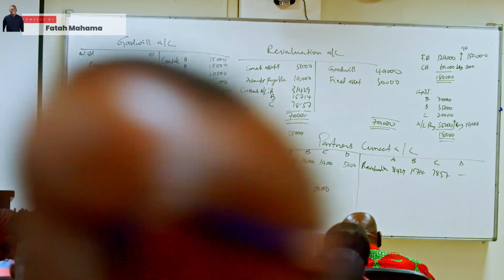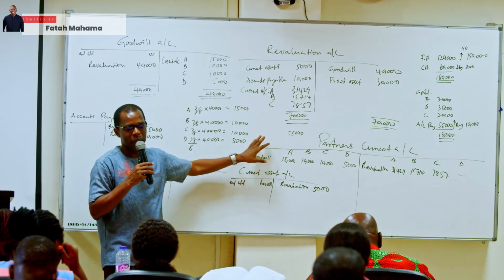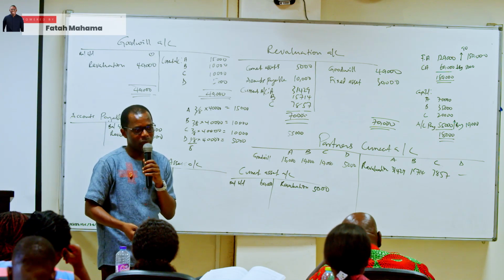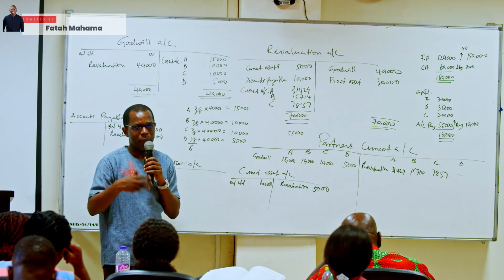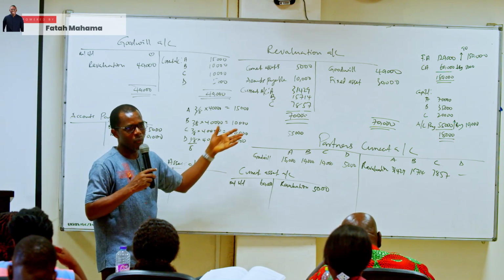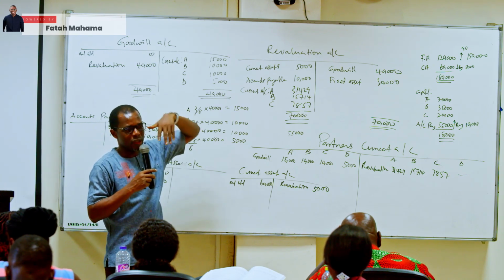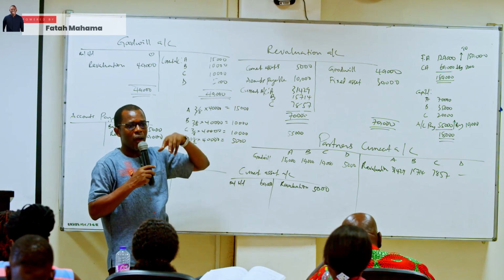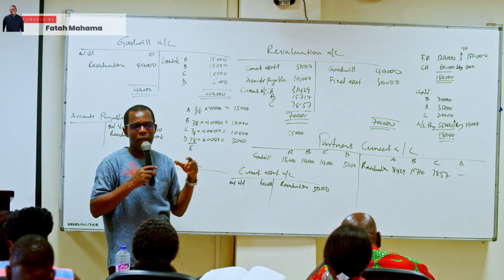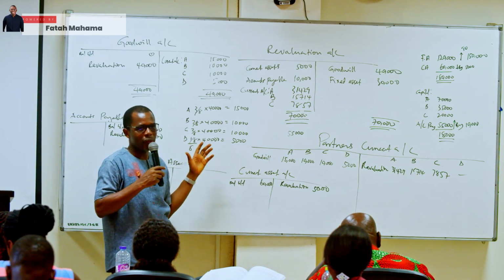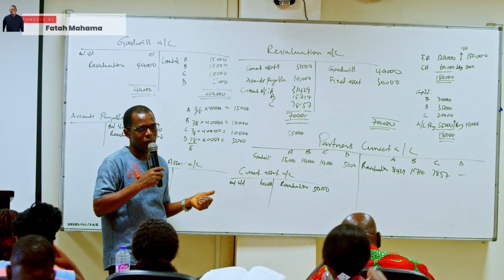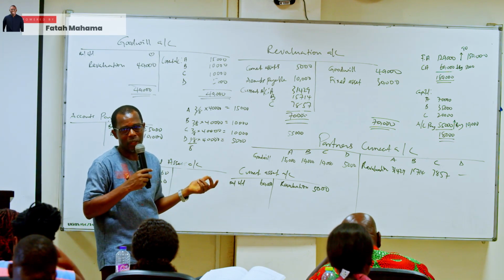The only reason you are not seeing the admission of a partner is because the examiner has not asked us to do the capital account. So I did that other approach just to refresh our memory of what we learned last week. But as far as this question is concerned, the examiner wants us to do a current account. If we do a capital account, we'll get no marks on it. I'm sure the marking scheme will not allocate any marks for it, right?